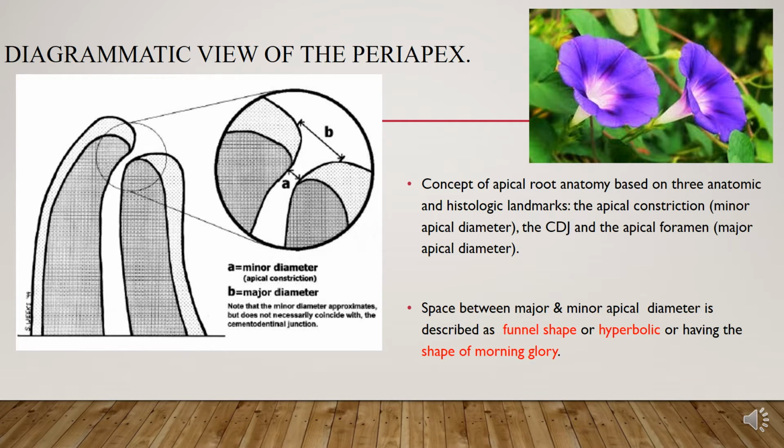Any tissue beyond the dentino-cemental junction is usually the periodontal ligament, and before that, within the canal up to point A, is usually pulp tissue. So we need to clean, shape and obturate up to point A, which is the dentino-cemental junction. Anything beyond point A is the periodontal ligament.